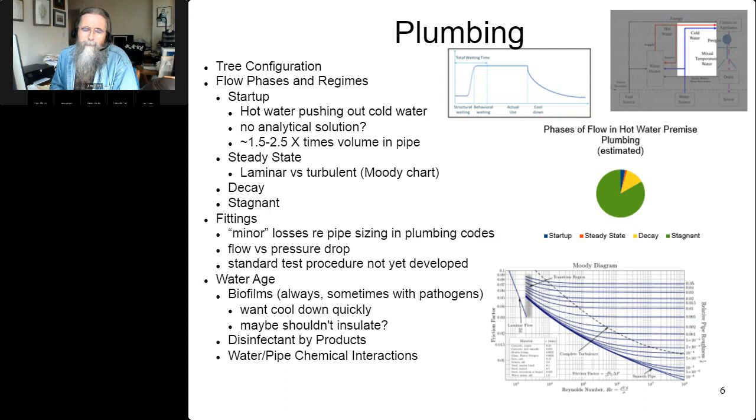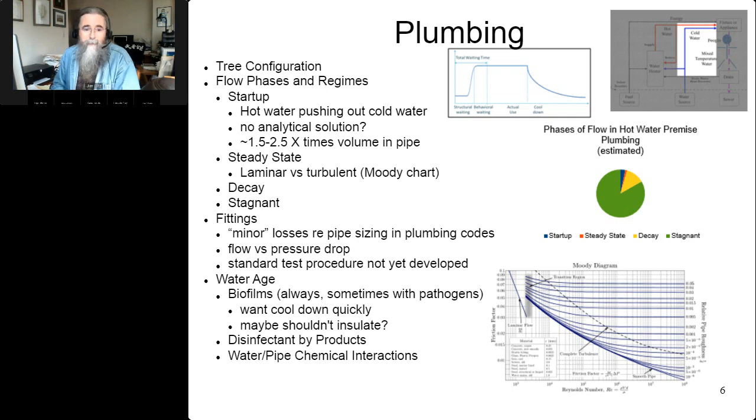During a hot water draw, there are 4 phases: a startup, a steady state when it's being used, think of a shower, a decay when it's done and the temperature in the pipes is cooling off, and stagnant, where the temperature of the water in the pipes is room temperature and nothing is happening.